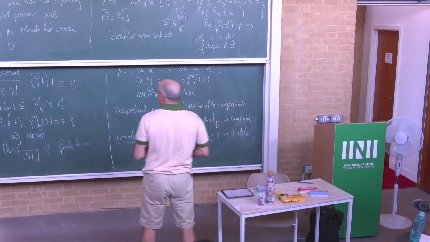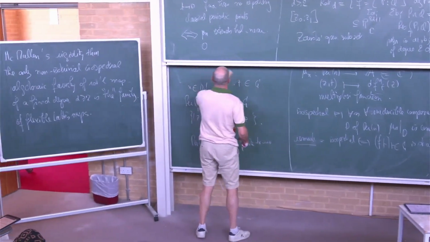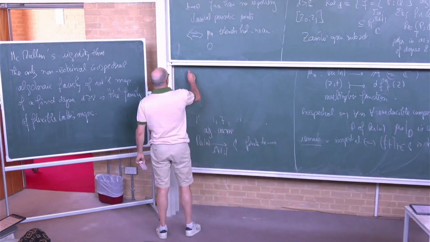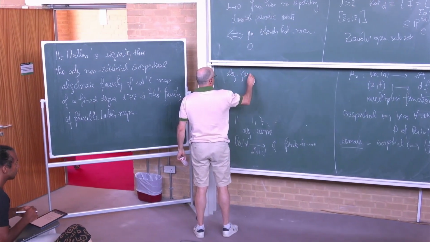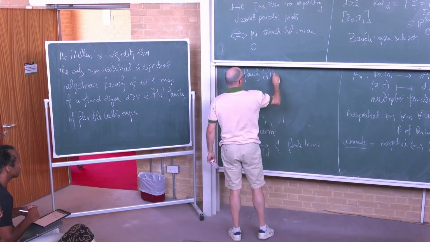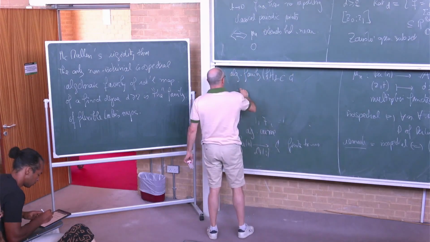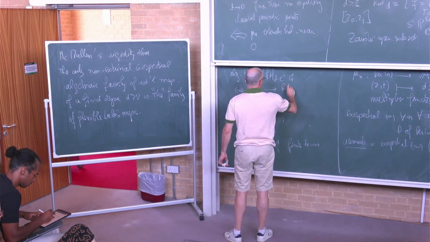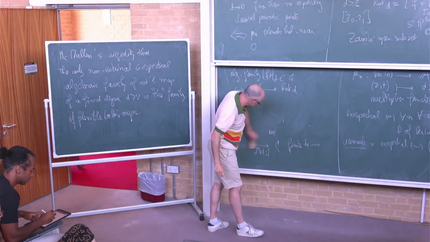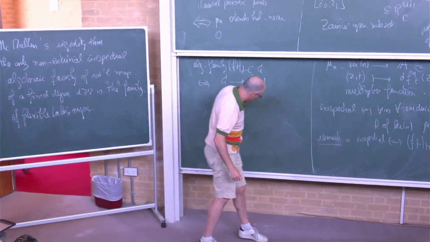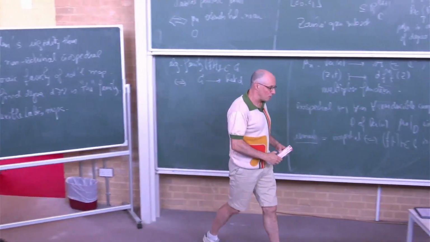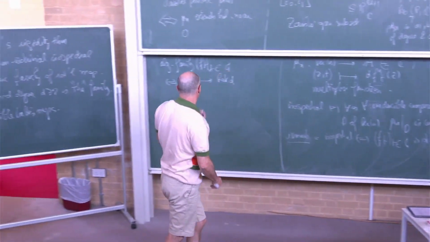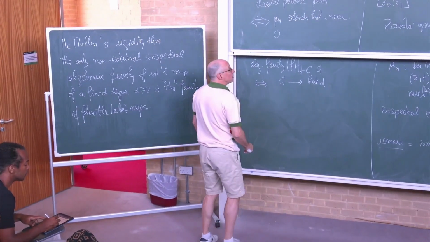So what is an algebraic family? It's exactly a map from C to Rat_D. That's it. Okay, but then you want to identify two rational maps that are conjugated.